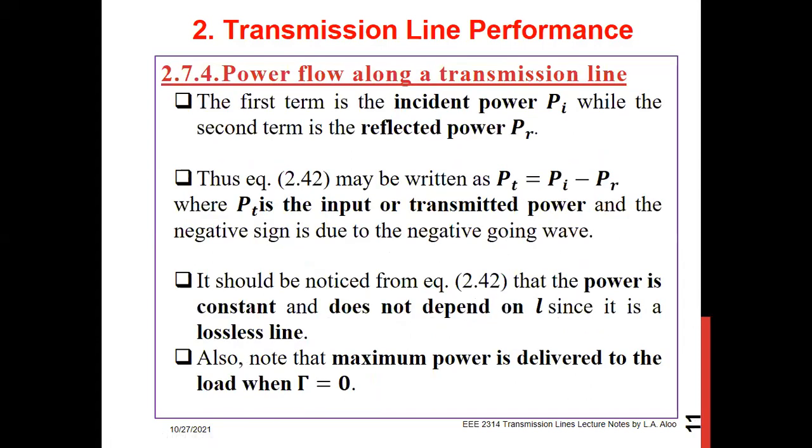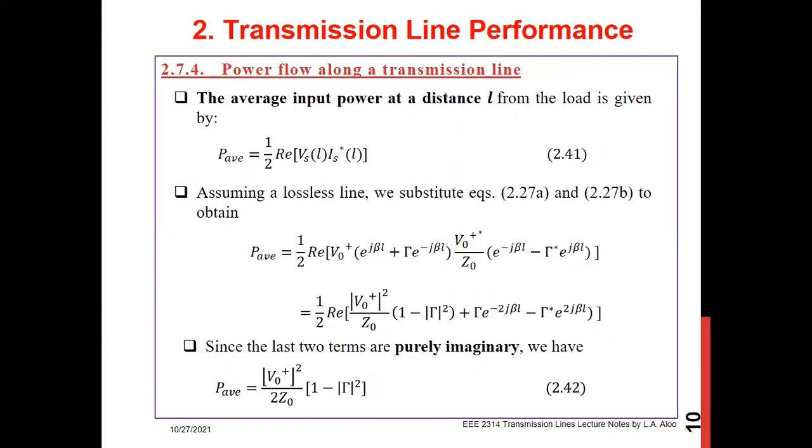Now, please take note of the first term in the previous equation. When you open the brackets, you will have V naught positive squared over twice Z naught times 1 minus V naught positive squared over twice Z naught times tau squared.